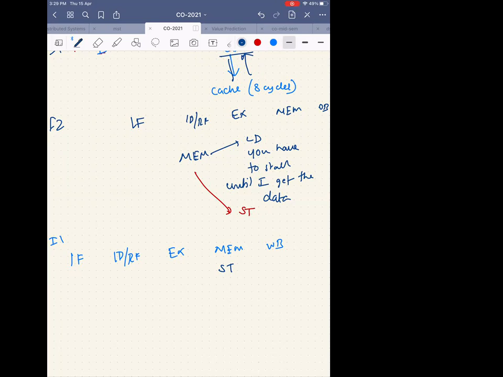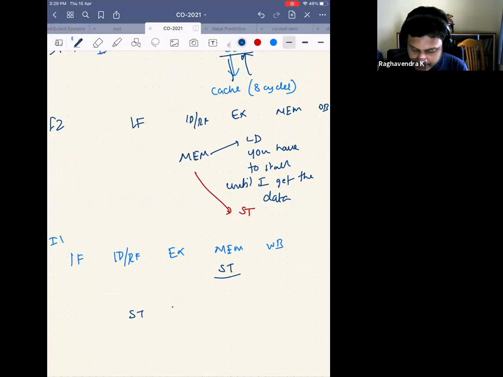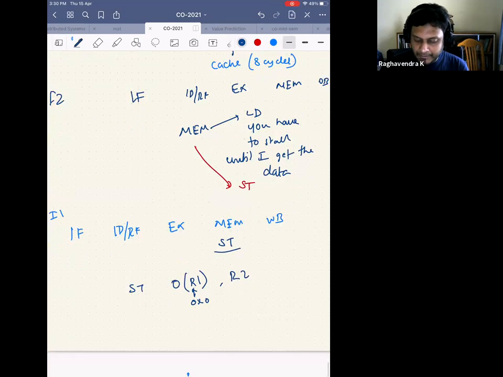If a later instruction needs the updated value from the main memory, it should not happen before this. Let's say it was a store 0, R1 and R2, and 0, R1 was 0x0. So you're writing to the memory location 0.